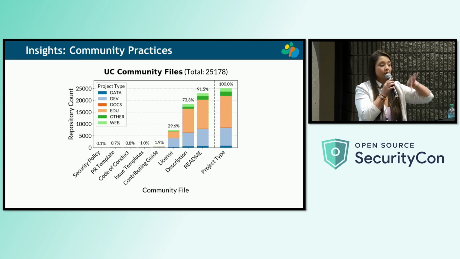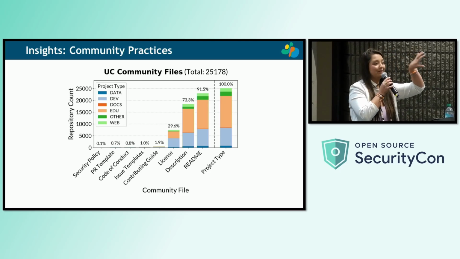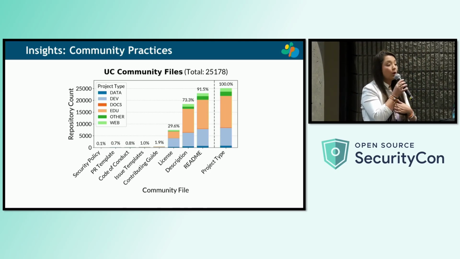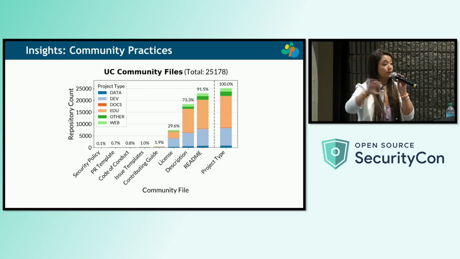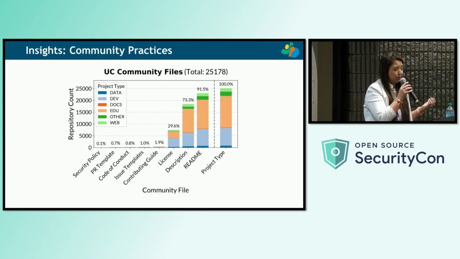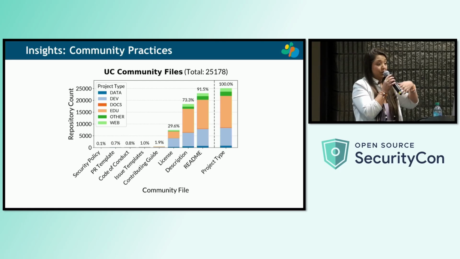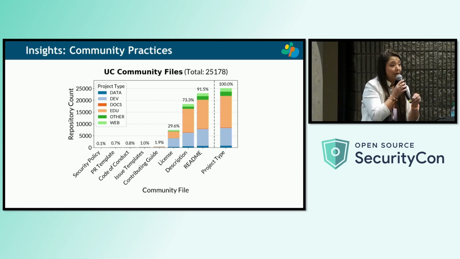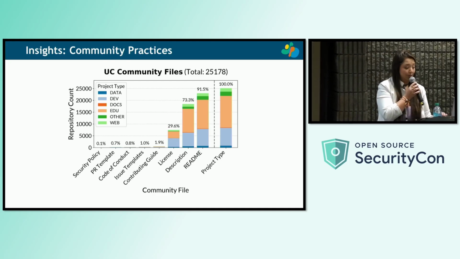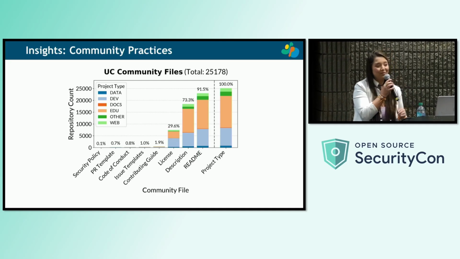We're reaching out to them so that they are aware that we're putting them on a website saying these are projects developed by the University of California system. What we're hoping is that this will help raise awareness of the things that are happening, and people will try to get involved and contribute to the projects, and hopefully not duplicate efforts, because a lot of what happens is that there are 20 different groups of people building the same tool, and instead it would be better if they combined together and built the same tool and made it better. So those are some ideas, but that's definitely one of the biggest challenges.